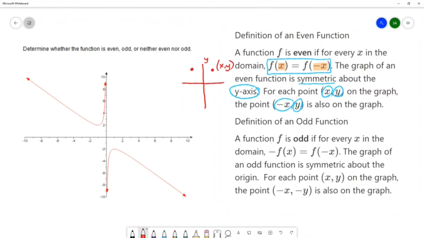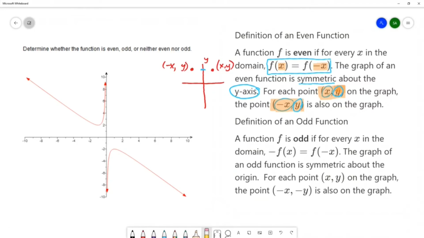And if you have a mirror, those y-coordinates would be the same, and yet the x-coordinate would be opposite. So the mirror of that point would have opposite x's, but the same y's.